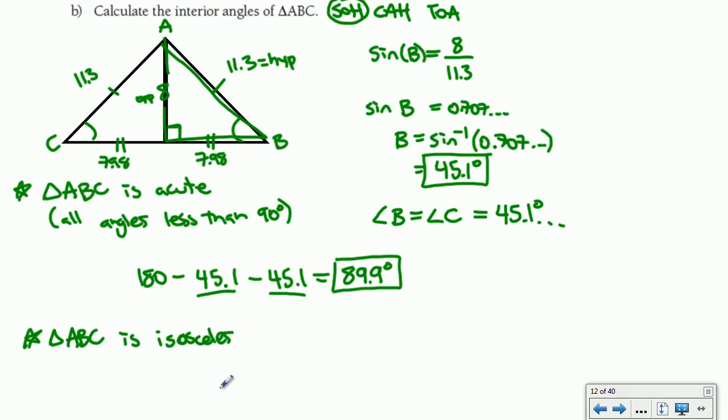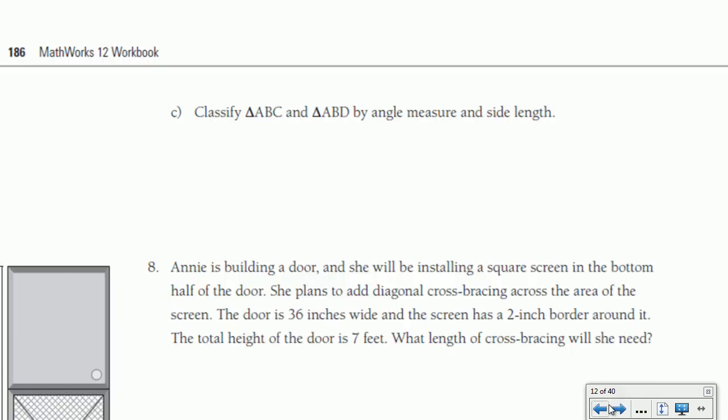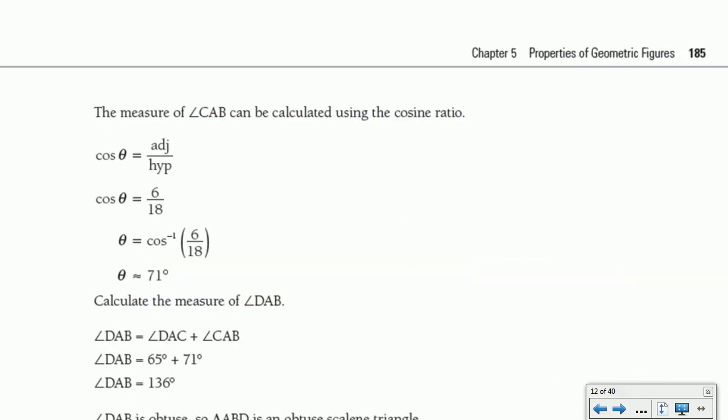Right, two angles are the same. So angle B equals angle C. Okay. Oh, and that's what we had to do here. Classify ABC and ABD. So I already did ABC.